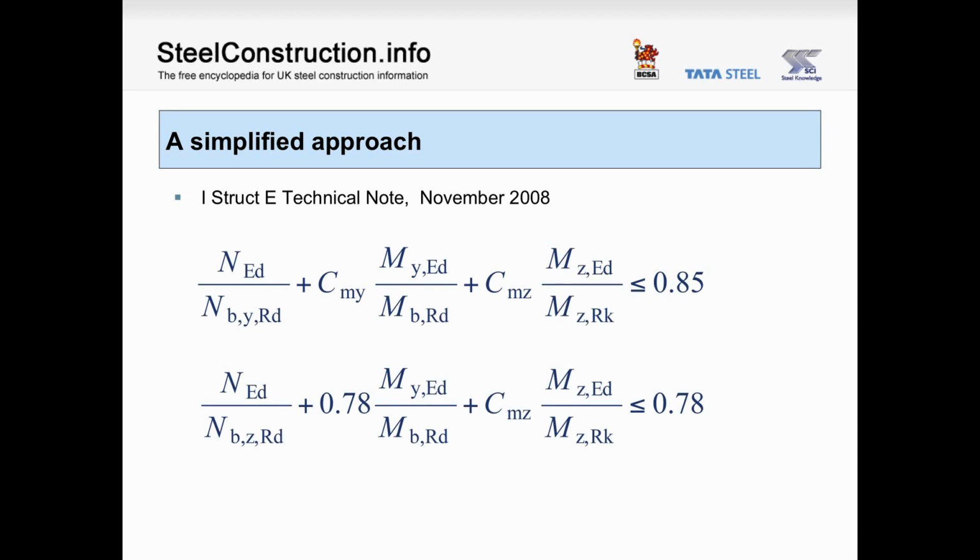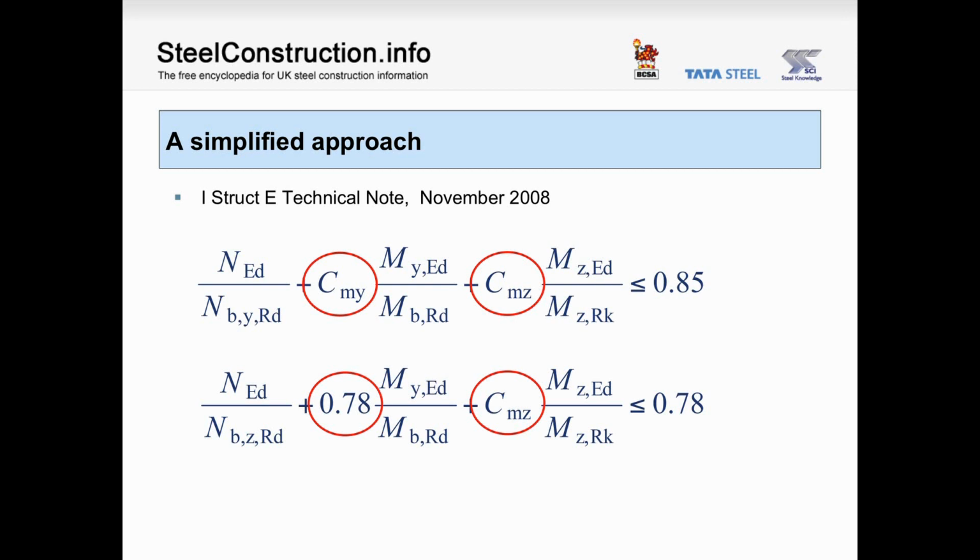If we thought the full methodology of 661 and 662 was complicated, there is a simplified approach available to us, which was presented in the iStructE journal back in November 2008. It is simplified because instead of the interaction factors, the K factors, these are replaced simply with C factors, or a value of 0.78.